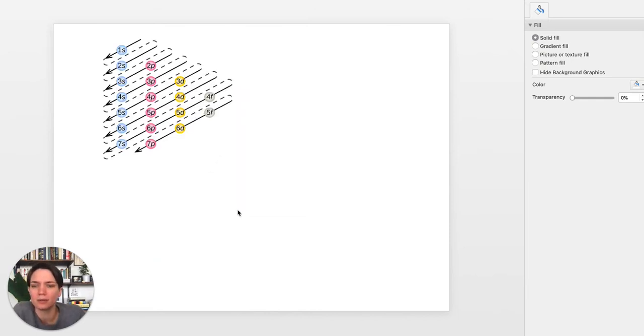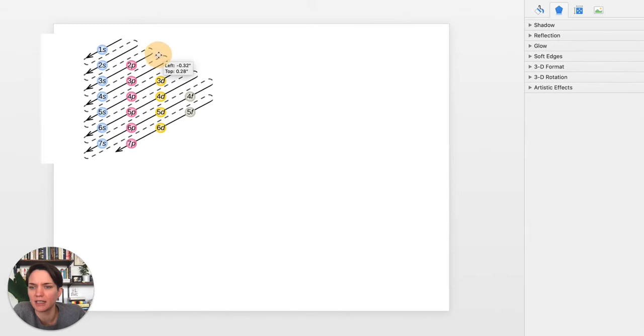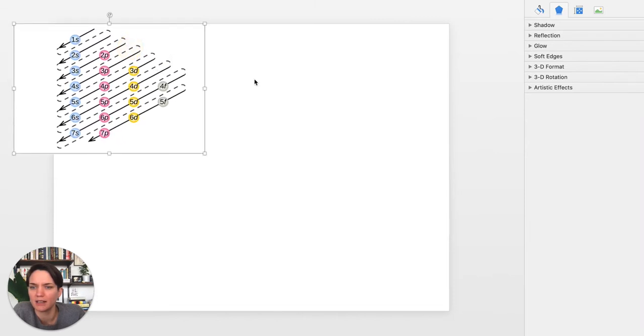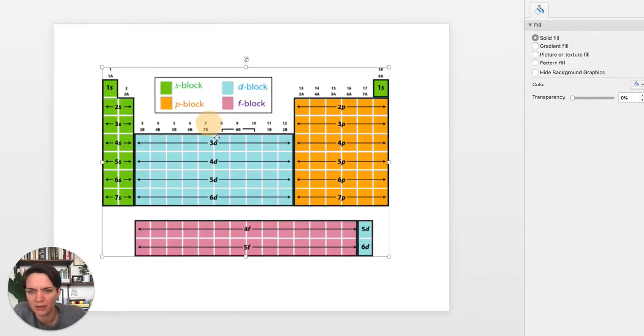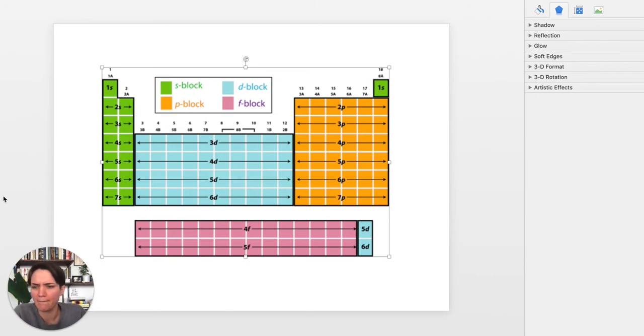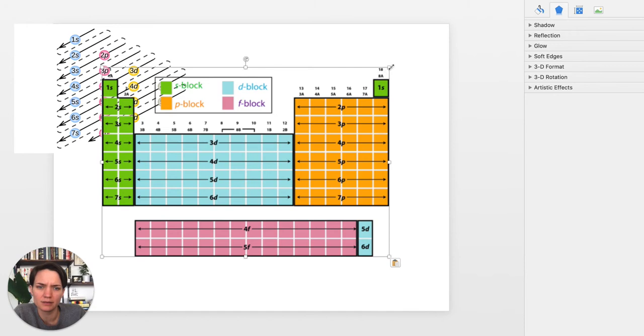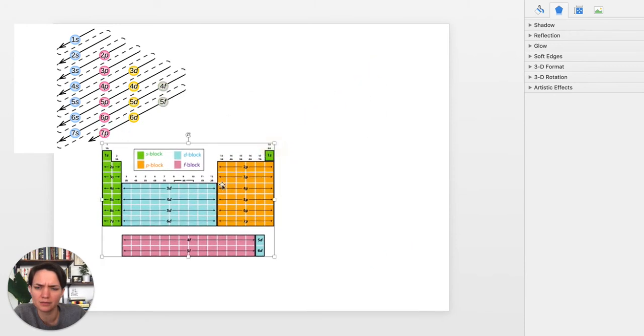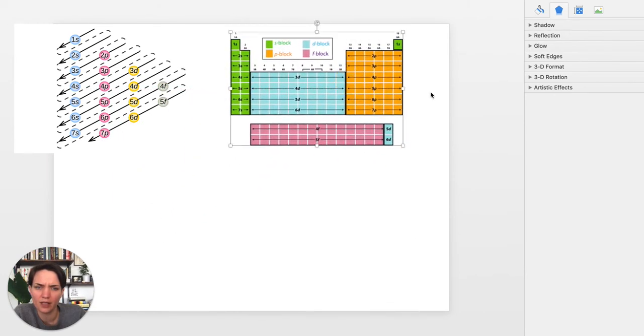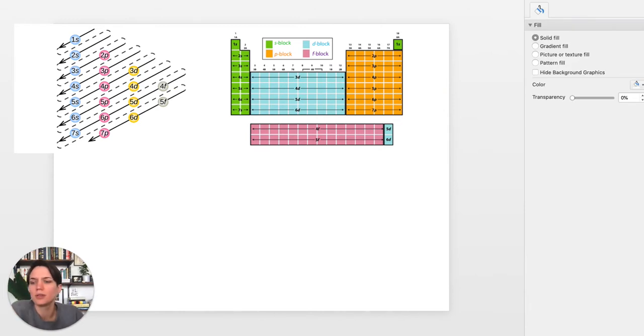Okay, so let's do a whole bunch of examples. And I kind of want to get this one too. Hold on. Okay, so I really like this figure because it is showing you the way that these orbitals are going to be filled.